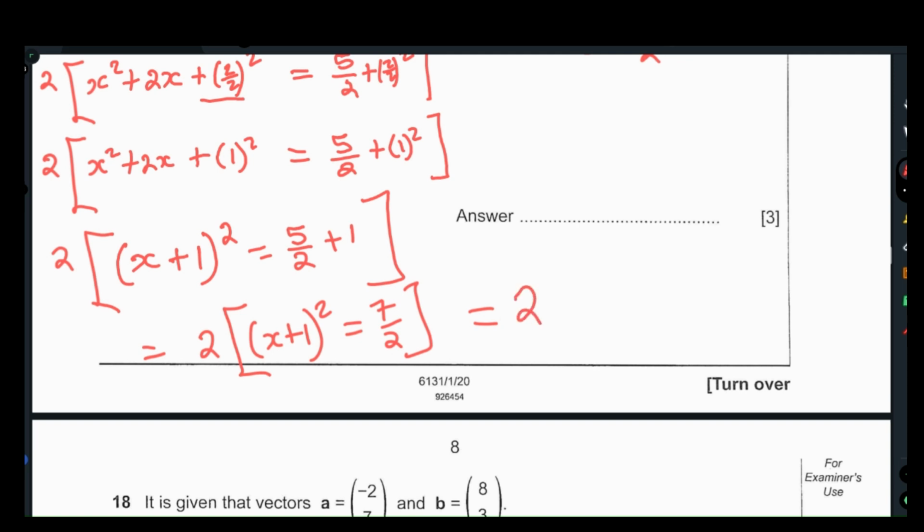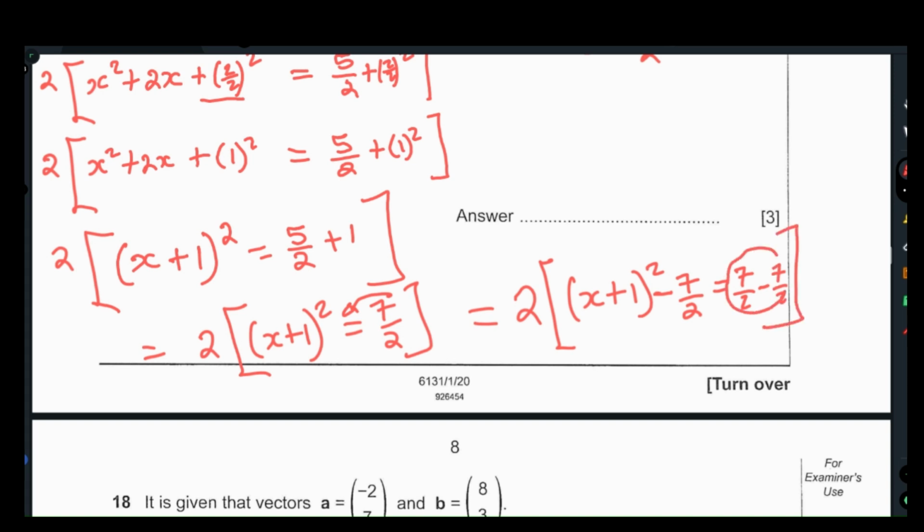Now, let's get rid of the equal sign. We move this back to the other side, so we subtract 7 over 2 from both sides. 7 over 2 minus 7 over 2 becomes 0.